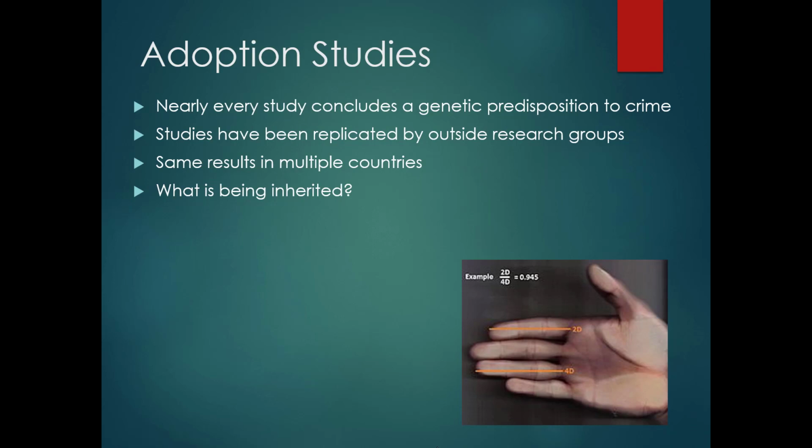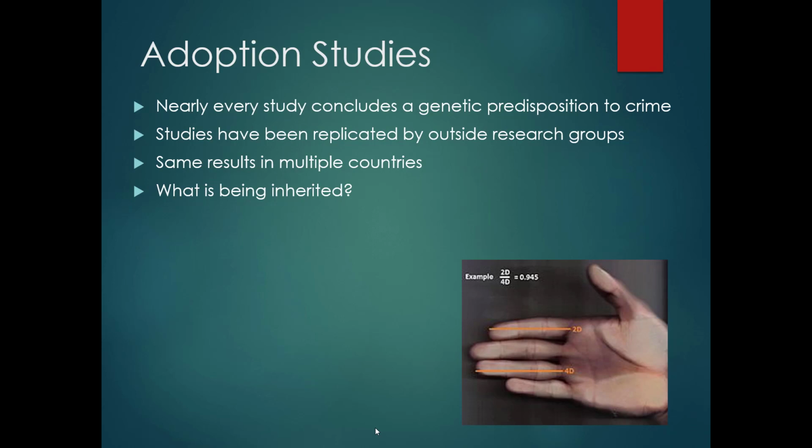You can look at your own fingers right now. And if this finger, and you see right here, this is an example, if it's a ratio of this to this, the more the difference between these two fingers, the more somebody was exposed to prenatal testosterone levels.